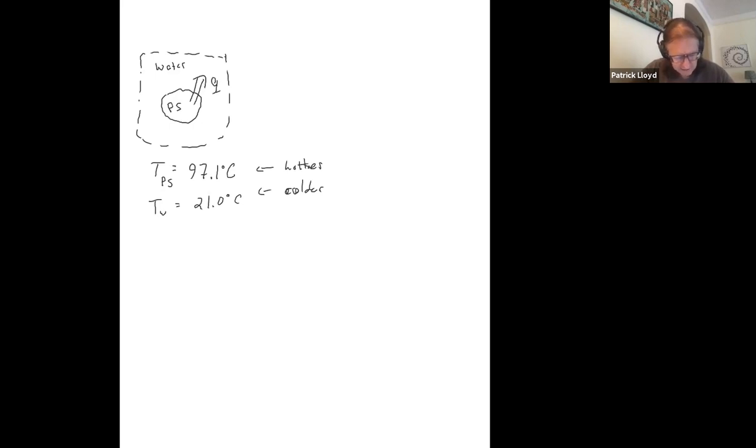Okay, and then the final temperature, this is TF, they give it as 25.4 degrees C. So this is going to be the case for both substances. And this is called thermal equilibrium.